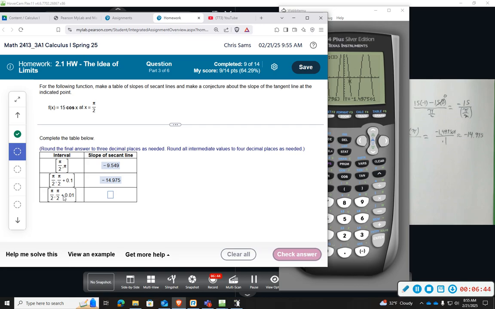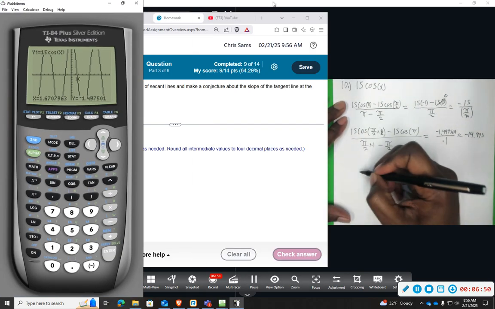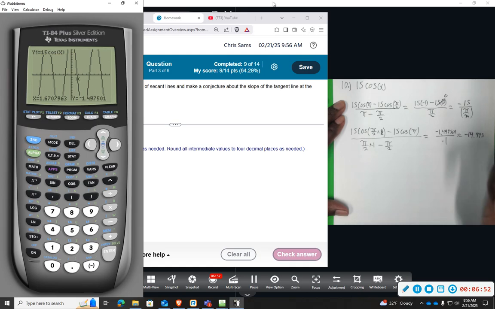So the next one we're going to be dividing by 0.01. So let's go ahead and try to line these all out. I'm guessing 0.001 is next. This seems to be the pattern. And then 0.0001.